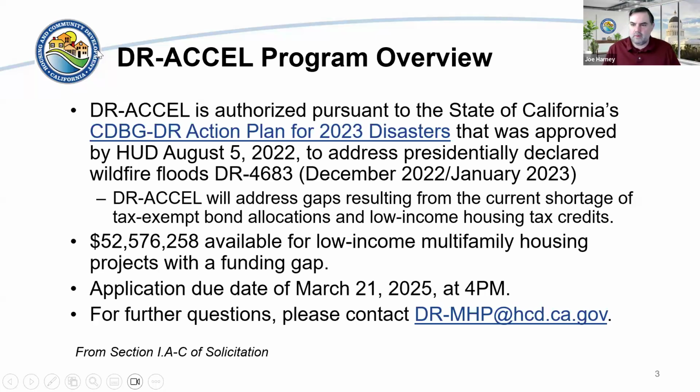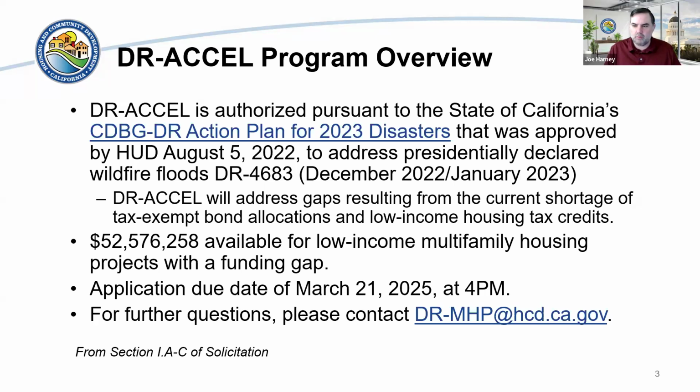So the DR Accelerator program is authorized pursuant to the state of California's CDBG-DR action plan for the 2023 disasters that was approved by HUD August 5th, 2022 to address presidentially declared wildfire and flood disaster DR-4683 from December of 22 and January of 23. The DR Accelerator program will address gaps resulting from the current shortage of tax-exempt bond allocations and low-income housing tax credits.